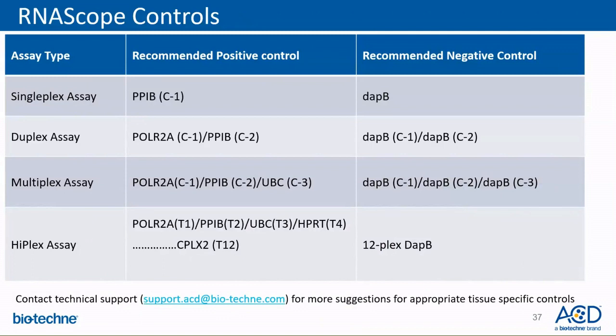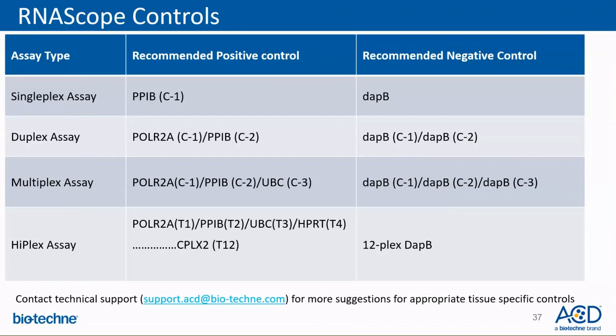Single-plex assays use PPIB as the positive control and DapB as negative control. PPIB is peptidyl prolyl isomerase B, or cyclophilin B, which is a housekeeping gene, and most tissues are expected to show moderate PPIB expression, while DapB is from a soil bacterium and should not pick up any signals in samples from other species.